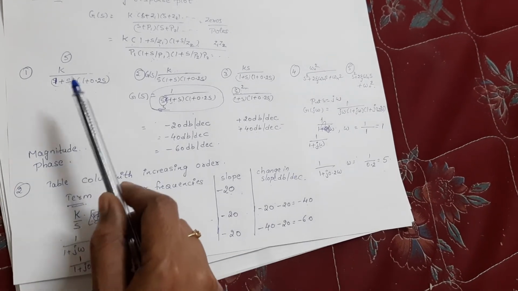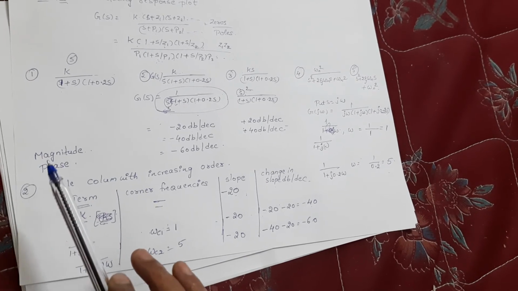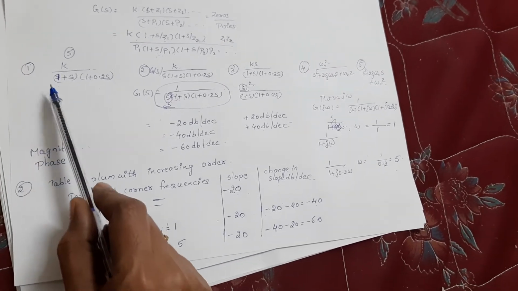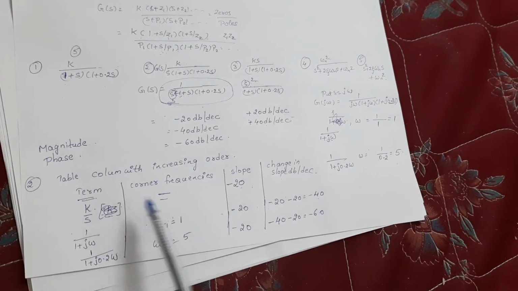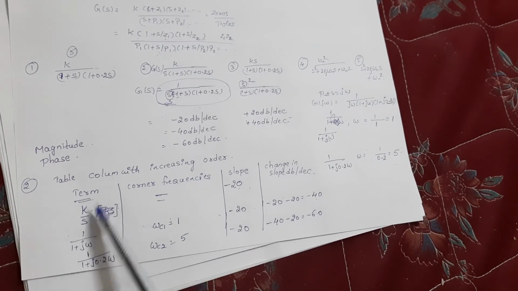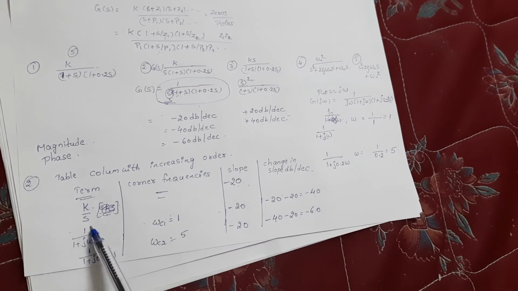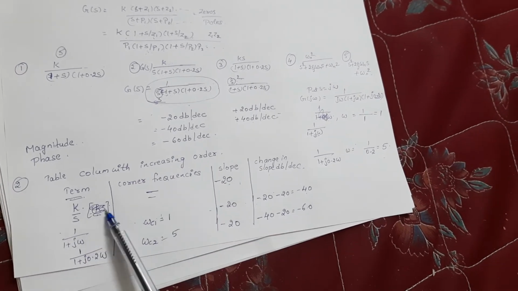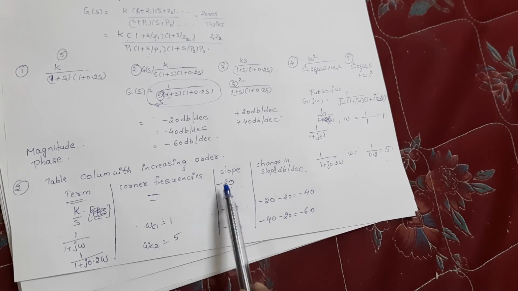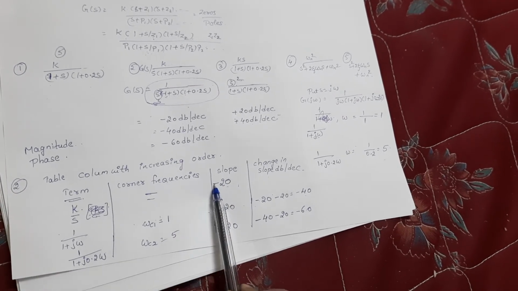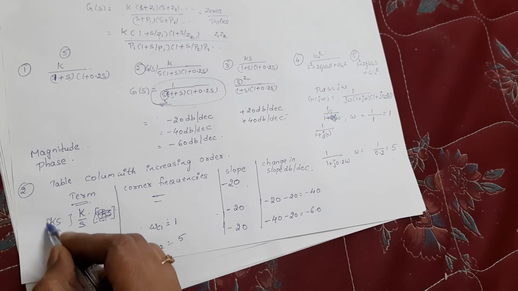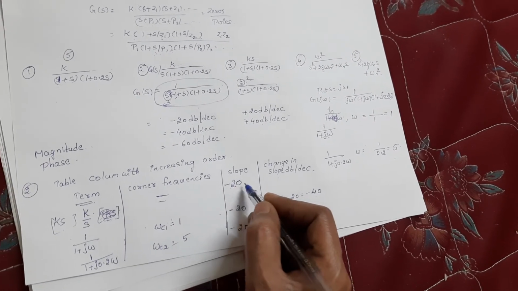If it is a constant K only, like 5 or 6, with no pole or zero at the origin, then you should write 0. If it is K by s, one pole at the origin, then you should write minus 20. If it is a zero at the origin, that means Ks, then you should write plus 20.